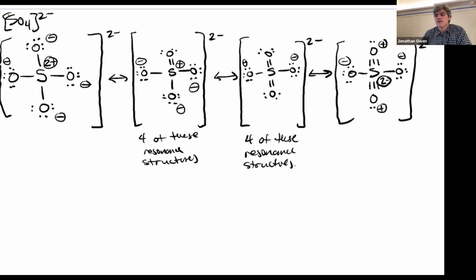And instead, I want you to consider ionic depictions. So this molecule over here is the best depiction because it obeys the octet rule, and it uses charges to achieve a closed shell depiction.